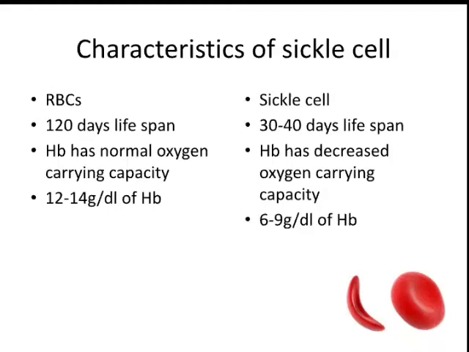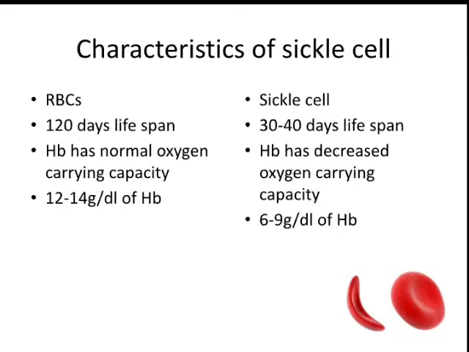What is the difference between a normal RBC and a sickled RBC? The RBC has a 120 days lifespan and a normal oxygen carrying capacity, and the hemoglobin level is 12 to 14 gram in normal RBC cells. Whereas in sickled RBC, the lifespan is 30 to 40 days, so they get destroyed easily compared to RBCs, and they have a much lower hemoglobin carrying capacity.